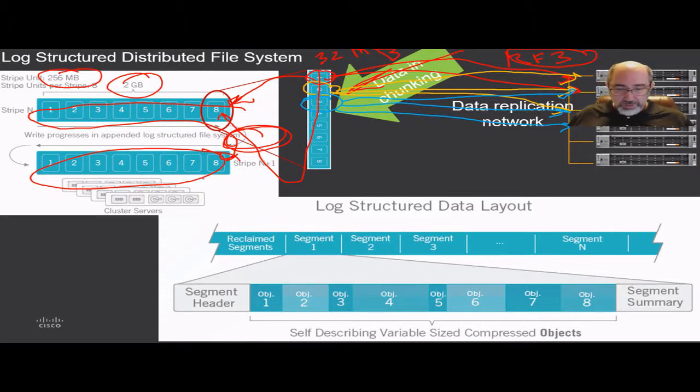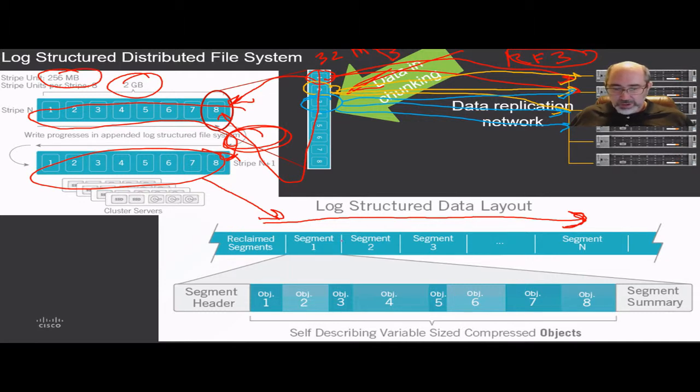All right, so this is destaged, but it's not just destaged and splattered all over the disk. It is destaged in a single write, very efficiently, to that disk. And again, this comes back to the log structured distributed file system and how it works on disk. It's destaged to a stripe.